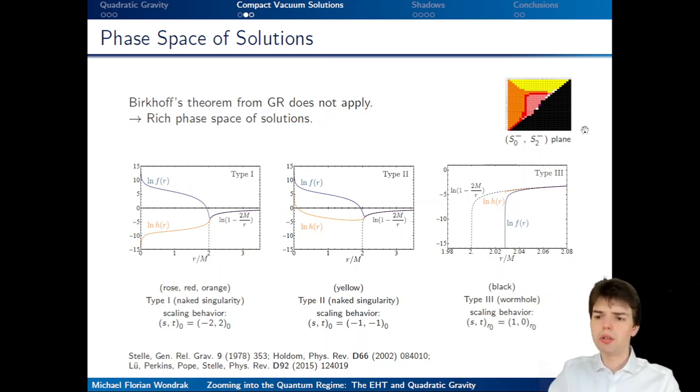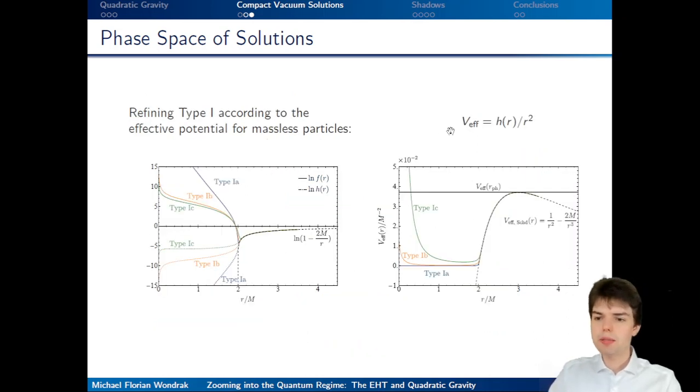You now might wonder why we actually have 3 colors for type 1, and this is because we can subdivide them as a function of the effective potential. The effective potential for light-like geodesics, so for light rays, is especially important for us when we now go towards imaging a black hole.